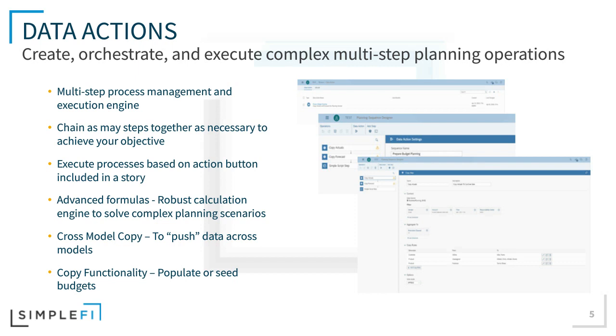These data actions are placed directly on the story. It's easy to access, easy to execute. And then, as I mentioned before, with some of those, like feeding the budget, those are included in copy functionality that is included in data actions, cross-model copy.